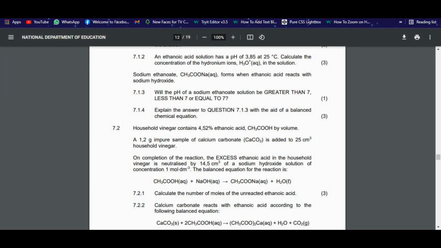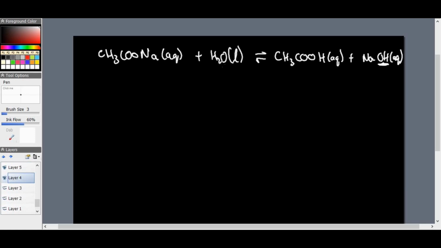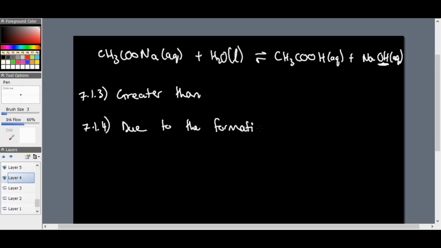Sodium ethanoate. Sorry, there we go. That's the word. Sodium ethanoate plus water, of course. So for my answer for 7.1.3, because I'm seeing the presence of a strong base, I'm going to say greater than, and my reasoning for 7.1.4, just based off the above equation, is that it's due to the formation of hydroxide, which is obviously OH to the minus.